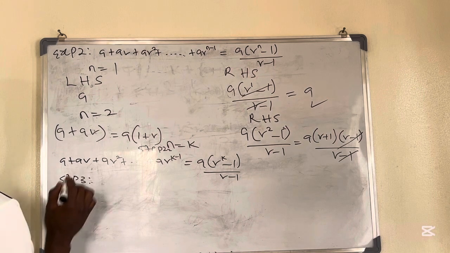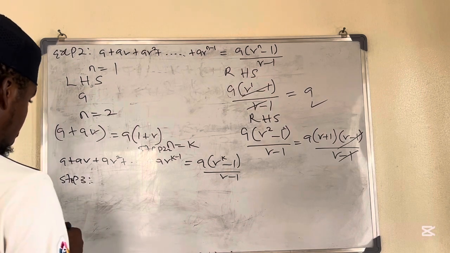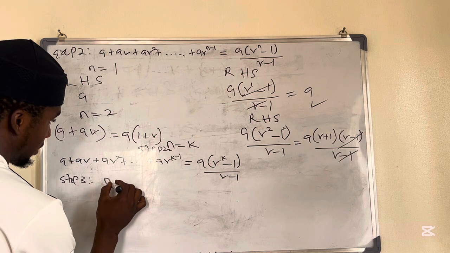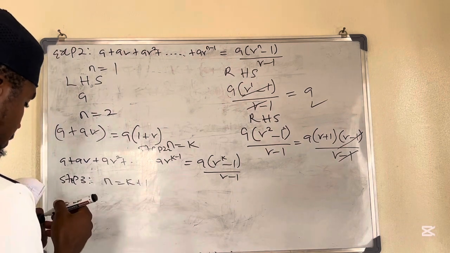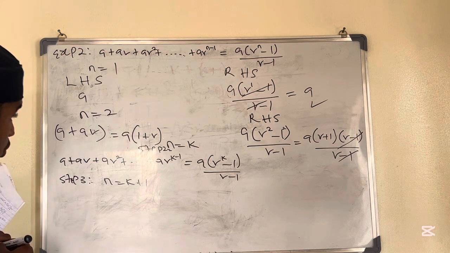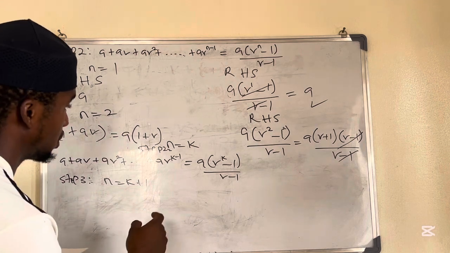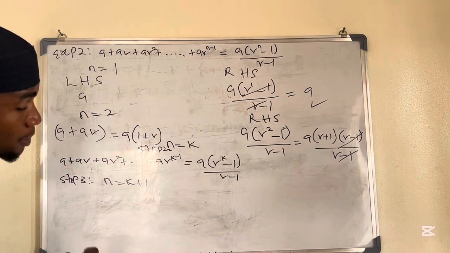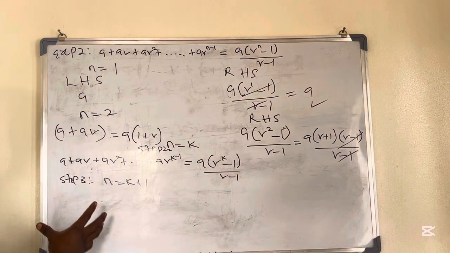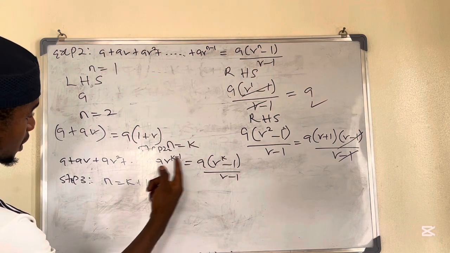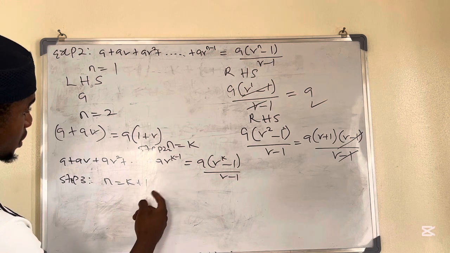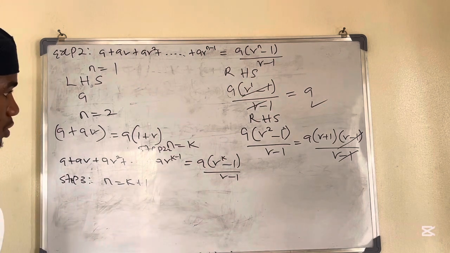So now, anywhere we see k, we're just substituting k plus 1. But for the left hand side, they are incrementing k by 1. So after this, we're going to have k plus 1 as a next term.